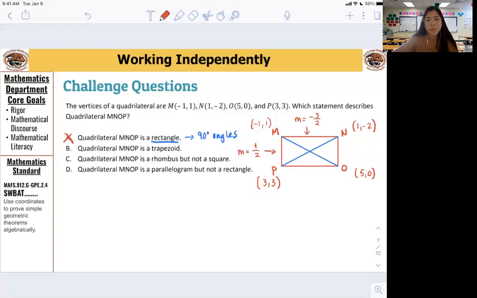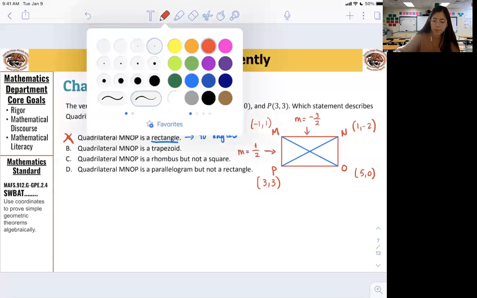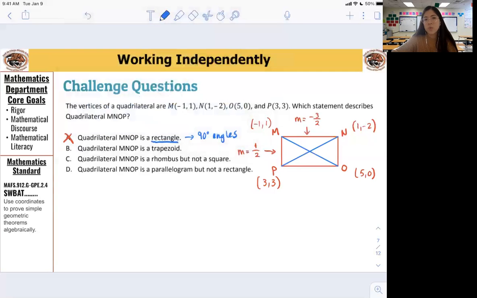Then, what else can we check? So in order for it to be a rhombus, what has to be true? The diagonals have to be perpendicular. Good. So we have to check the diagonals.